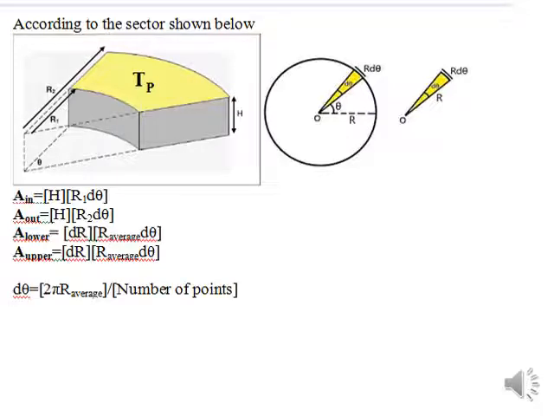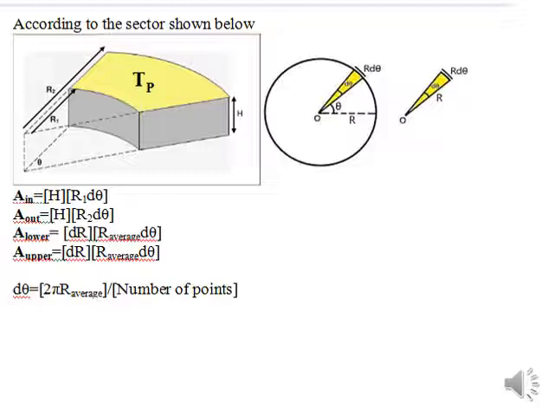So all you have to do is discretize your domain. You will divide by the number of points. This is the radius r average, and around a circle whose perimeter is 2 pi r average.